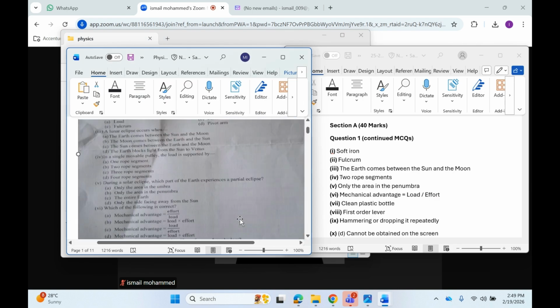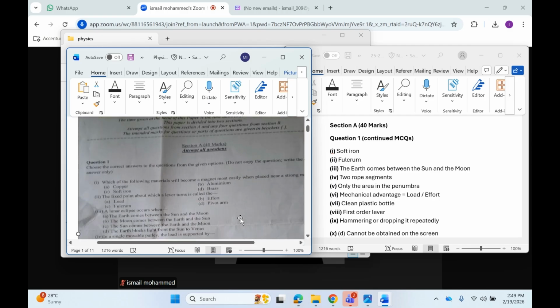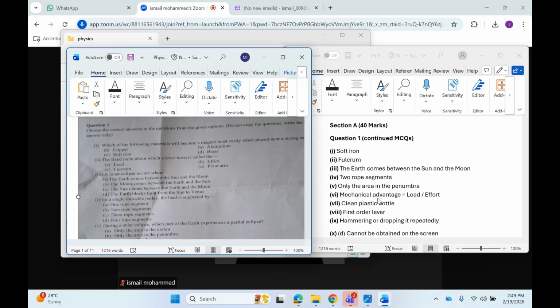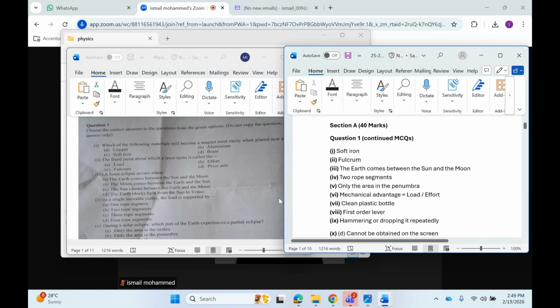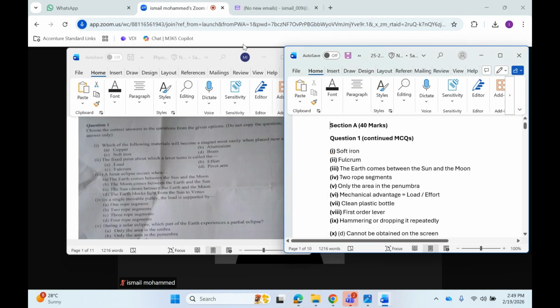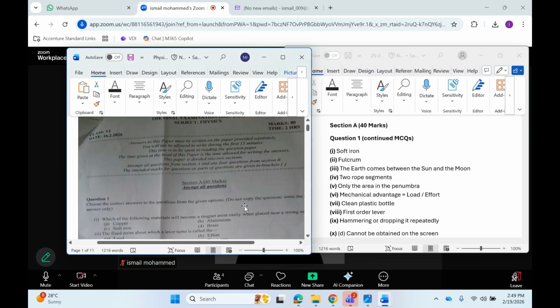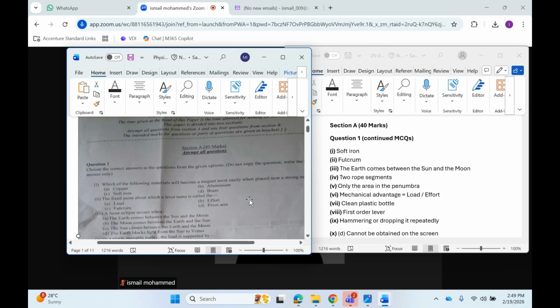So this year's paper of the physics camp branch. Okay. So the answers are these ones. Is this visible, clear?